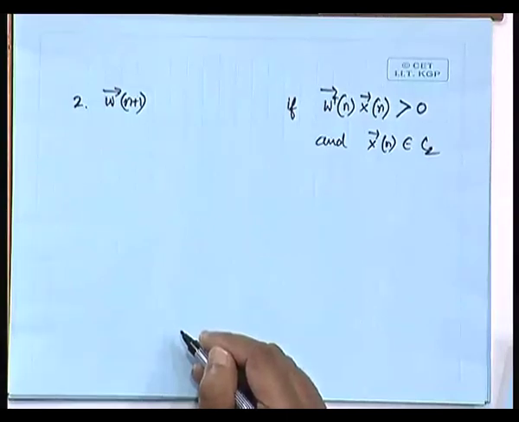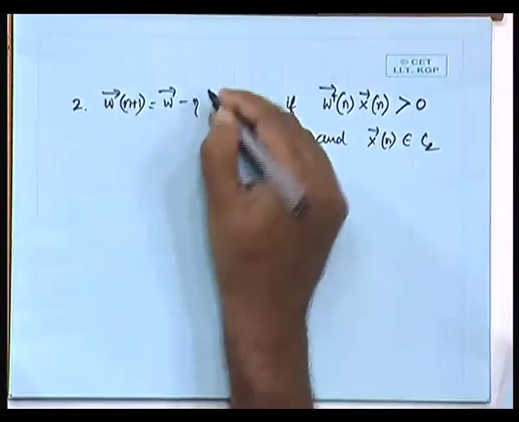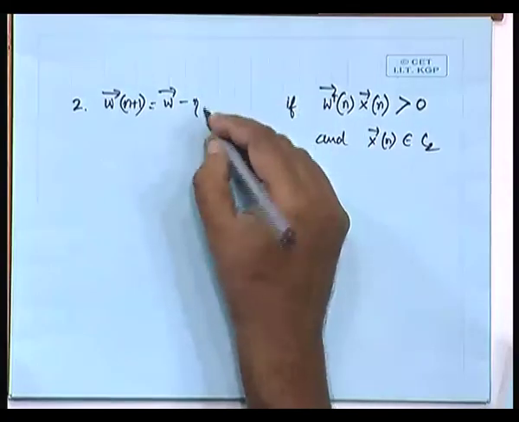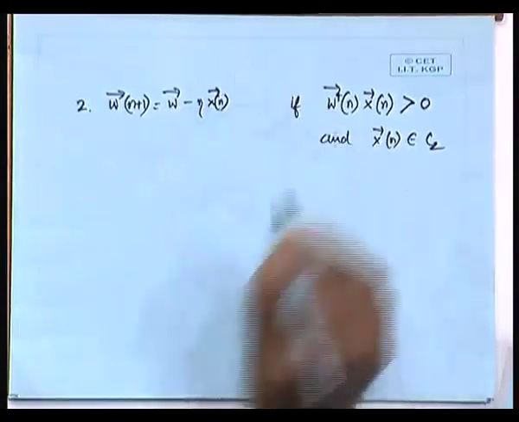I think by now we know the weight update equation. The viewers should attempt it themselves. It should be Wn minus eta xn. Yes, that is correct.